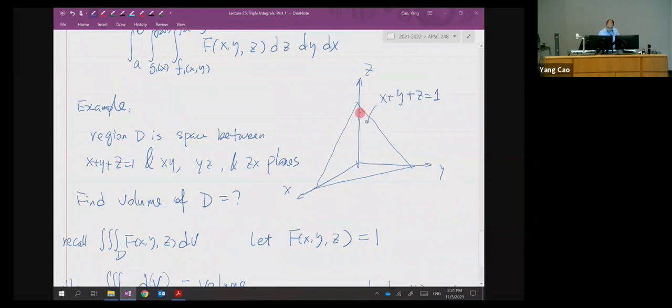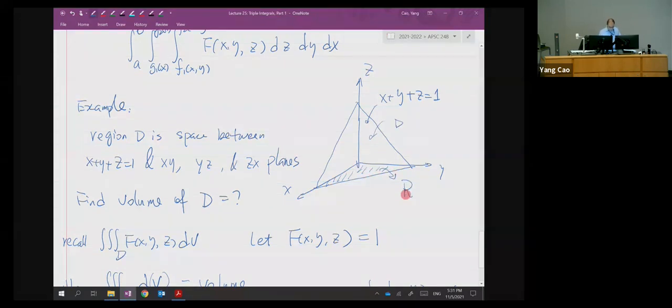When you project the geometry into the xy plane, it is very straightforward. You get this triangle here, which is the shadow of region D in the xy plane. You call this region D, and this shadow here will be your region R.